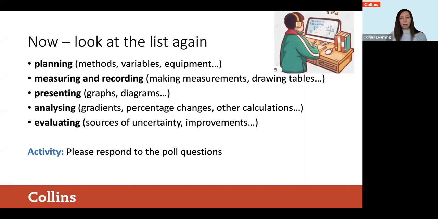which is, which of these skills do students find easiest to achieve well? So I'll put that in now. So if you were getting students to demonstrate these practical skills, what would you expect to see them perform best in?